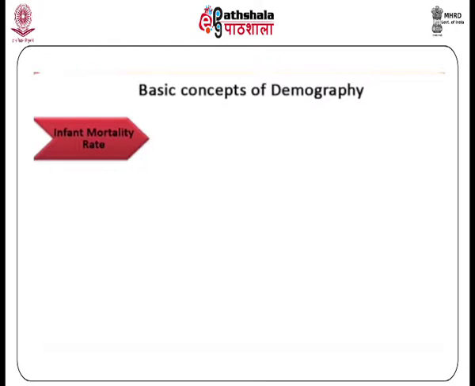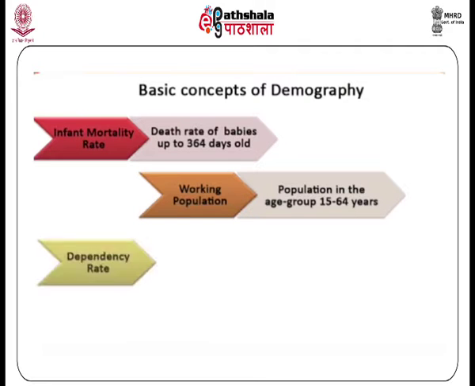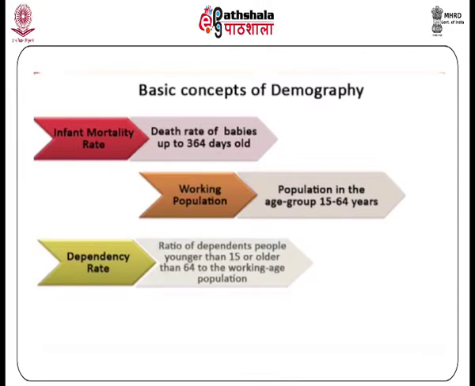Infant mortality rate is the death rate of babies up to 364 days old. Working population is the population in the age group of 15 to 64 years, presumed to be able to contribute to production. Dependency rate is the ratio of dependents, people younger than 15 or older than 64, to the working age population.